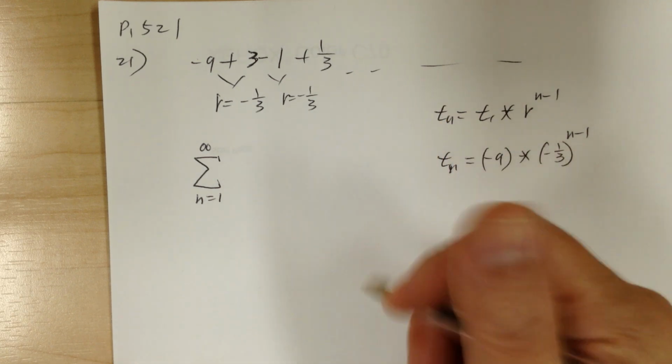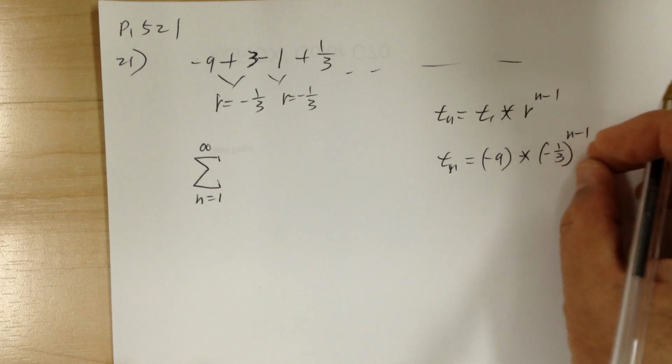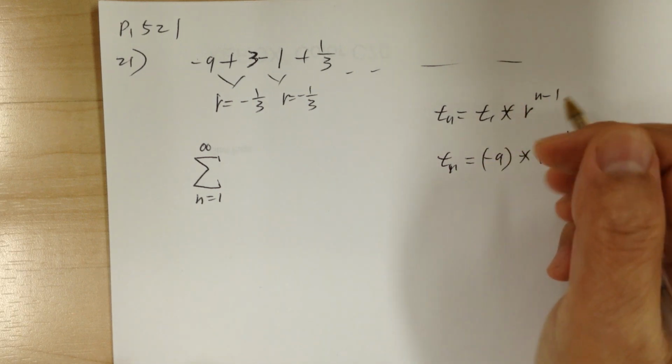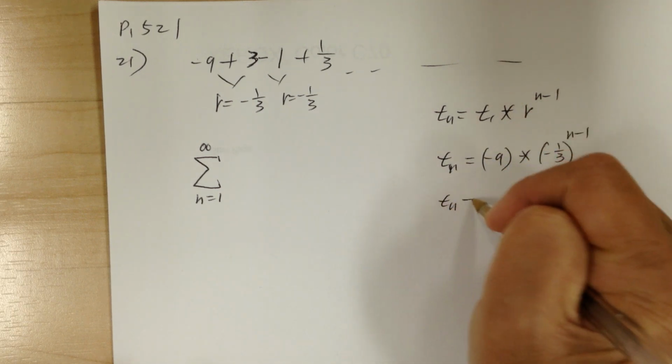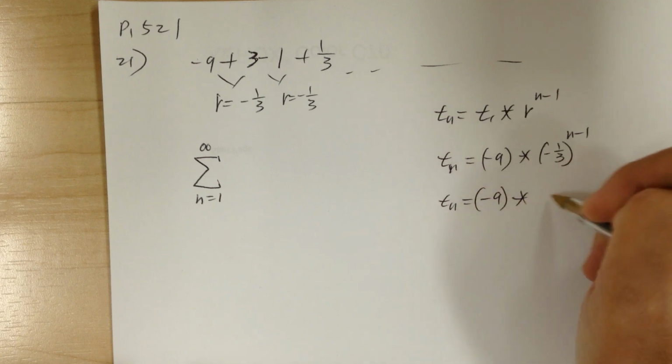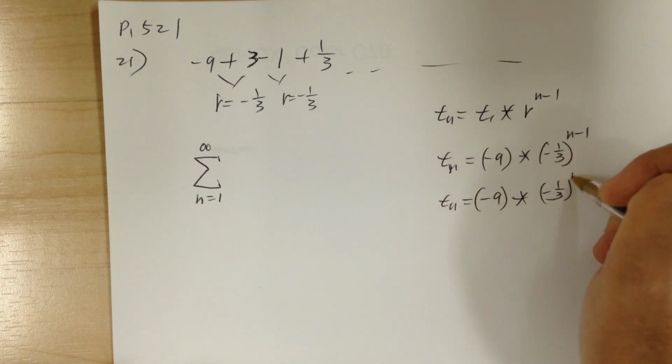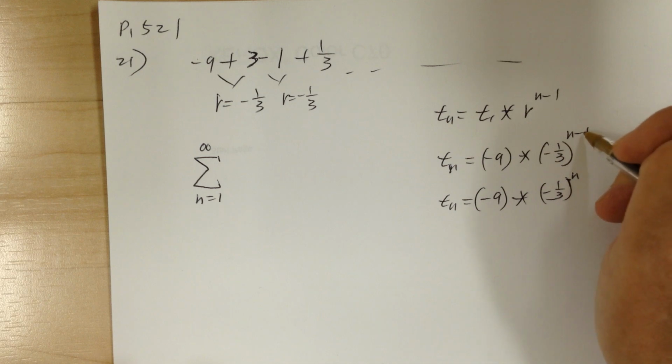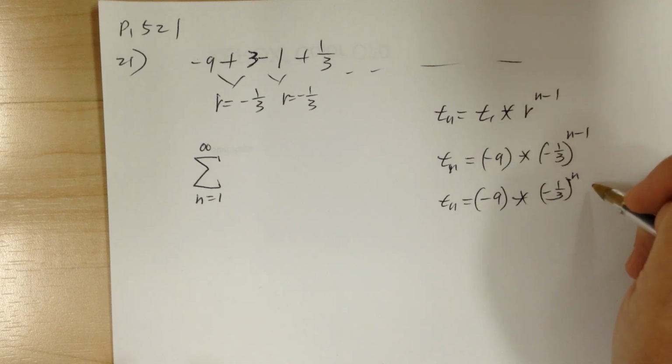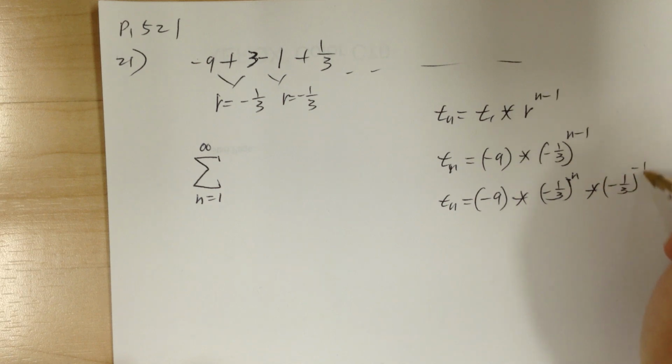Now if you want to get the book answer, then you separate these. So you get t of n equal to negative 9 times negative 1 over 3 to the n. Now minus 1 means you divide, or times negative 1/3 to the negative 1 power.